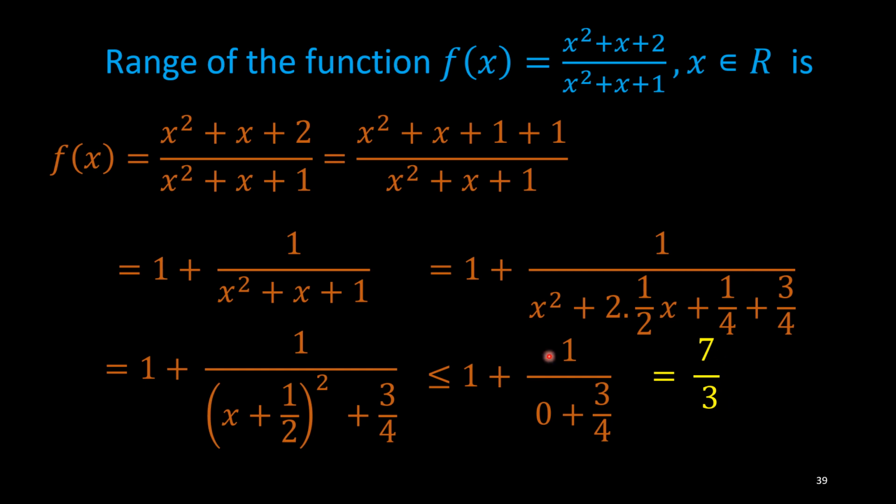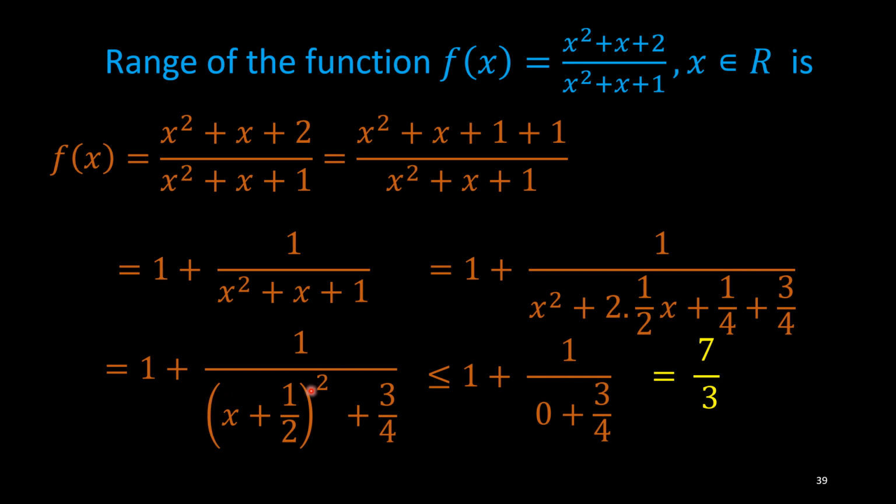And the minima, you can understand that at infinity, it is 1 plus something, this 1. And this value is always positive. When this value is maximum, at that time f of x will be minima. And the maximum value of this one is infinite. At plus infinity or minus infinity, both sides, this value will become infinite.